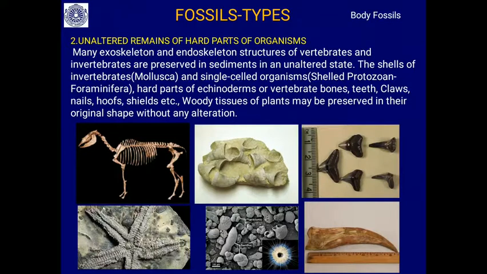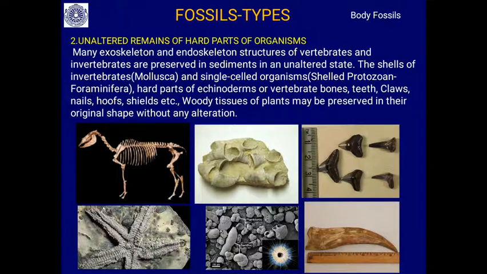Next, unaltered remains of hard parts of organisms. These also have not undergone any alteration, but they are the hard parts. They do not undergo decomposition, and they will remain in the sediments as it is in their original form. You will find many exoskeleton and endoskeleton structures of vertebrates and invertebrates preserved in sediments in an unaltered state.